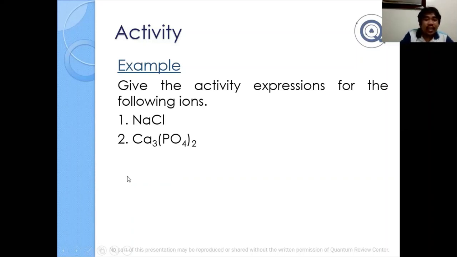So for NaCl, ganito siya. Again, you just have to know the formula. So the formula is, again, activity is equal to activity coefficient raised to nu, then nu plus raised to nu plus, nu minus raised to nu minus, m raised to nu.